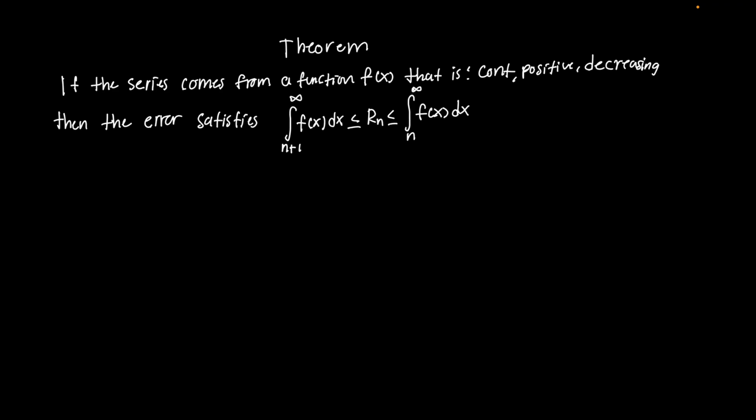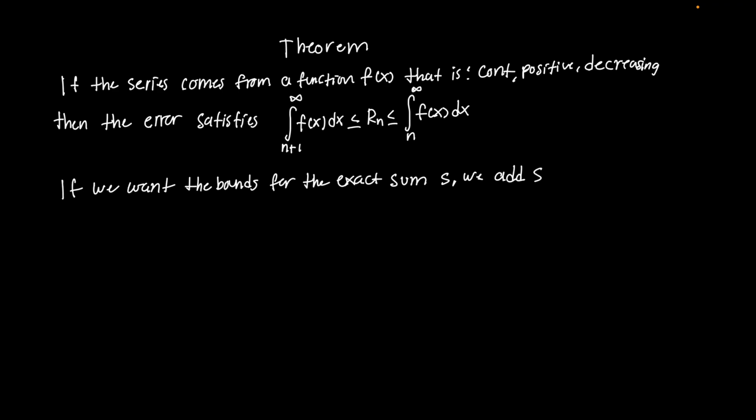And if we want the bounds for the exact sum s, we add the partial sum to everything, so it'll look like this. I'm going to write it in blue. So if we want the bounds for the exact sum s, we add the partial sum to everything.